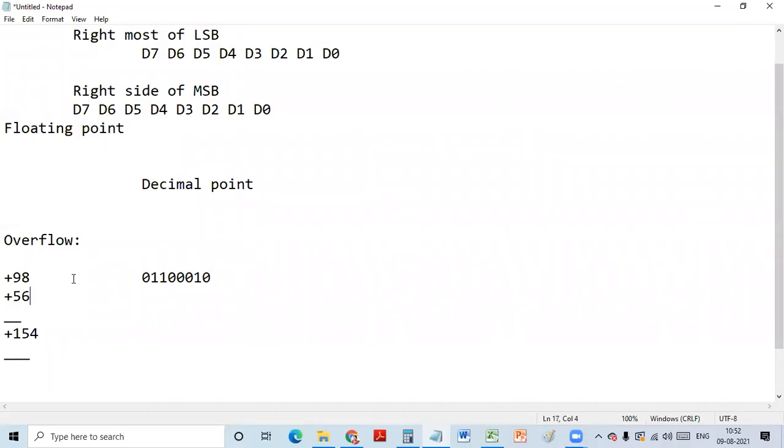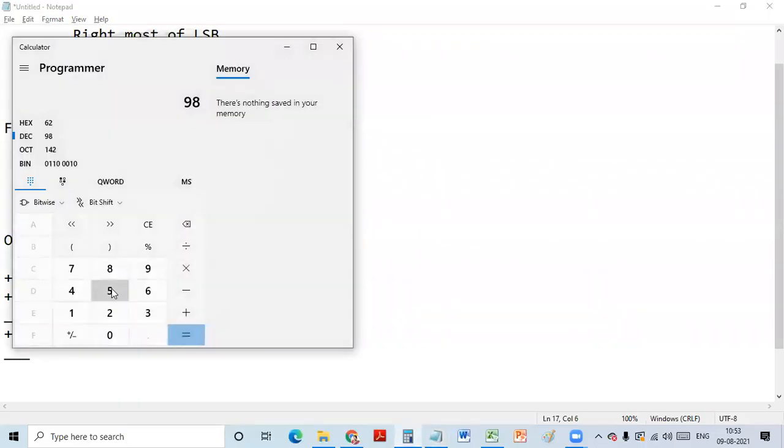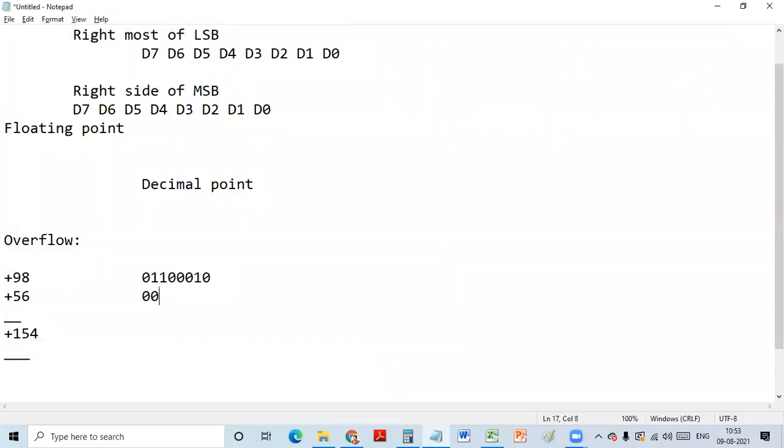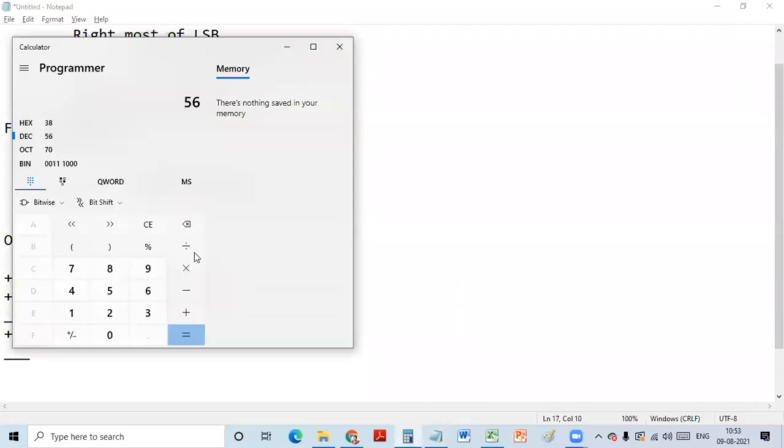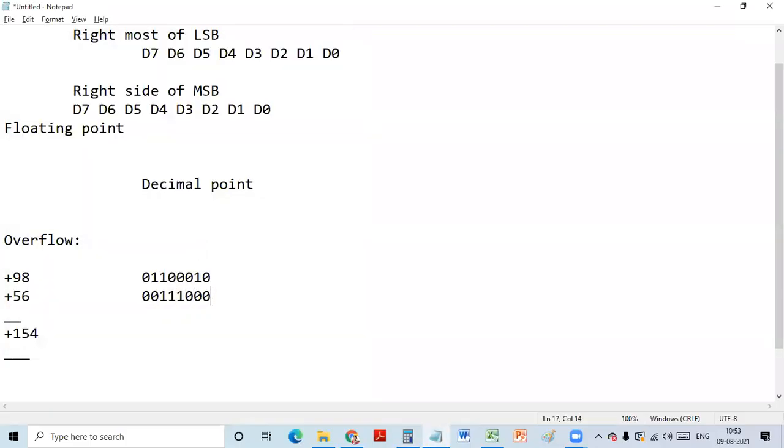This is plus 98. And how is 56 represented? My number is 56, represented as 38H, or 0 0 1 1 1 0 0 0 in binary. So these are the two numbers represented in binary, plus 98 and plus 56.